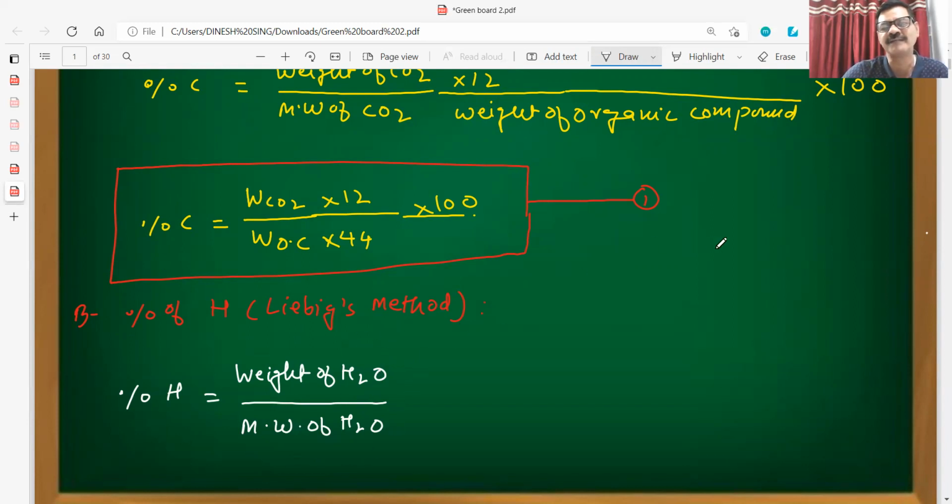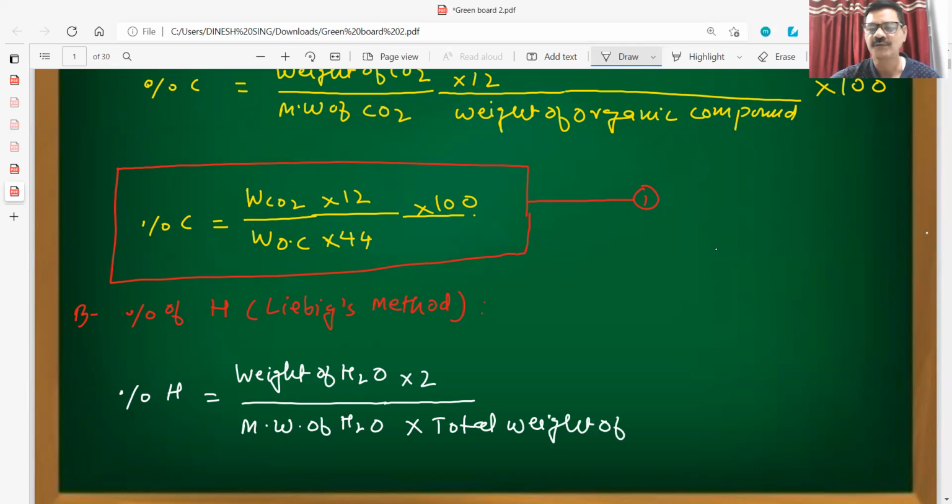So if we multiply it by 2, then we will get the moles of hydrogen. And if we multiply the moles of hydrogen with the atomic weight of hydrogen, that is 1, we will get the weight of hydrogen present in the organic compound, divided by the total weight of organic compound.